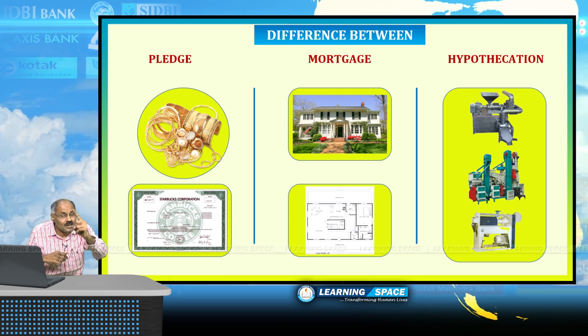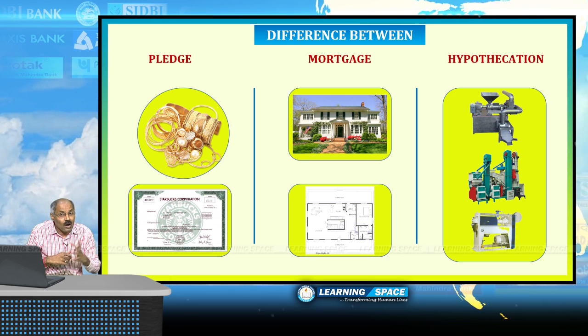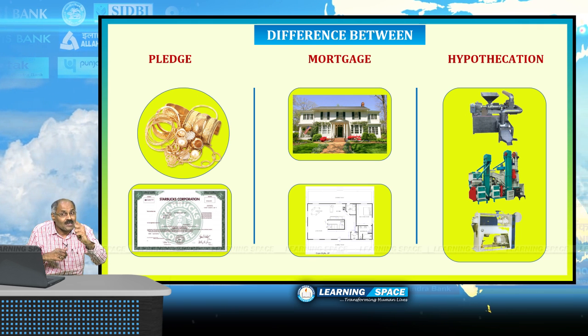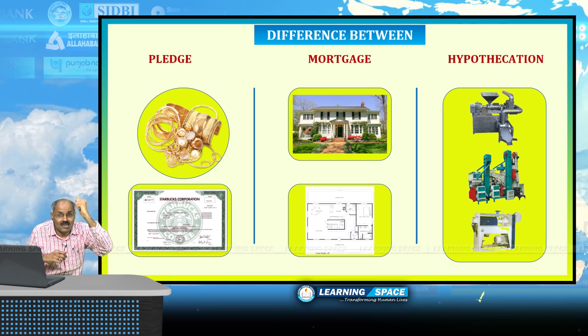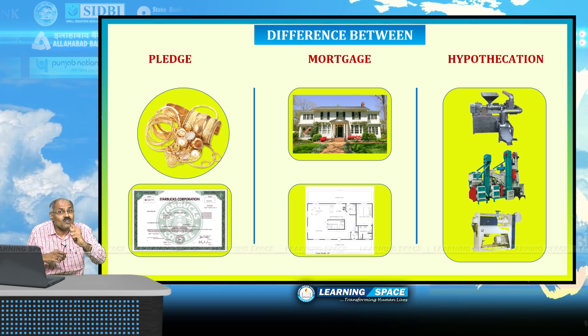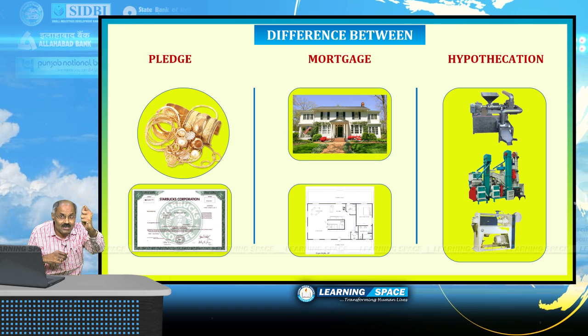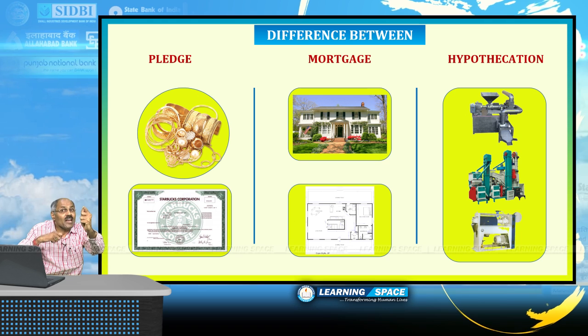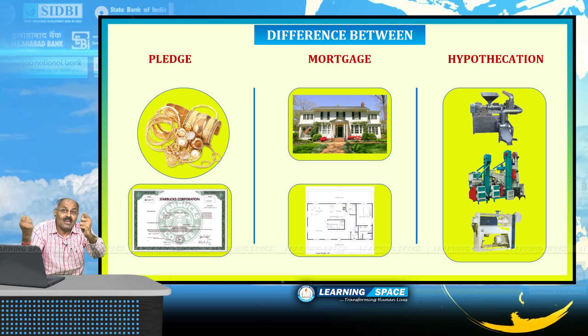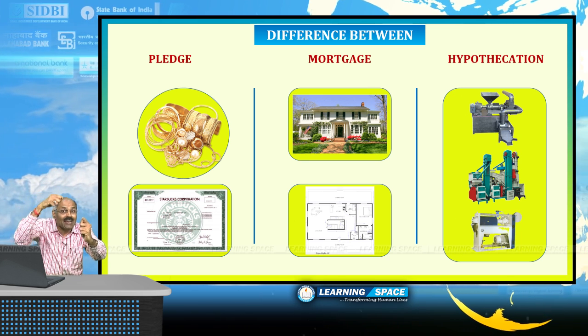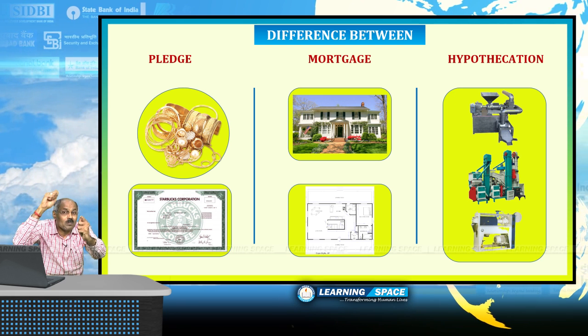And the other important point I would like to tell you, you have taken loan by giving this property as collateral security, giving this beautiful building as collateral security, and if you fail to pay back, then only bank will have right. That right is known as the lien over this property.